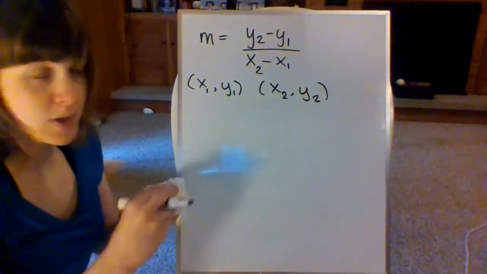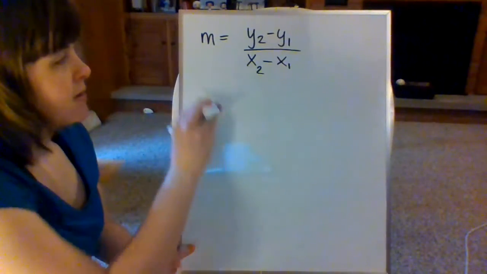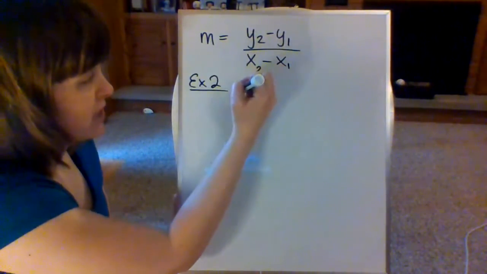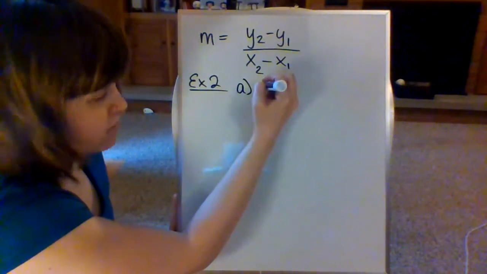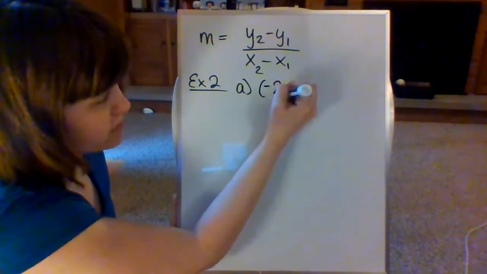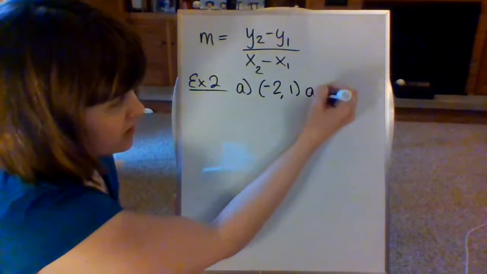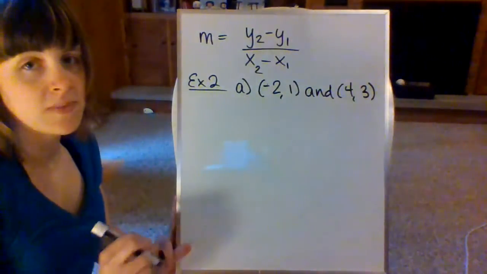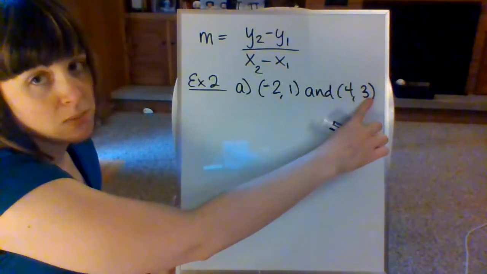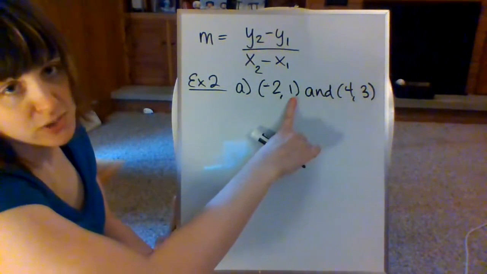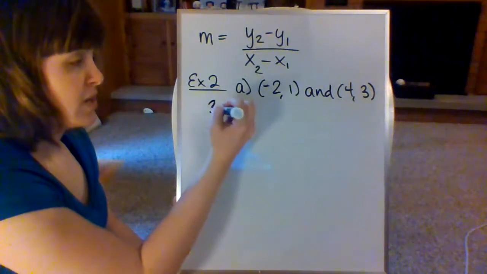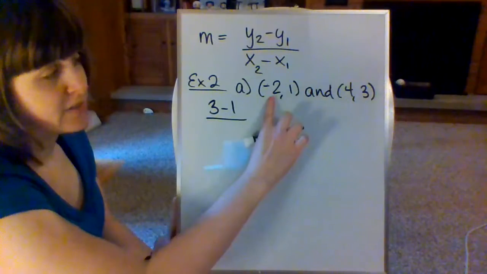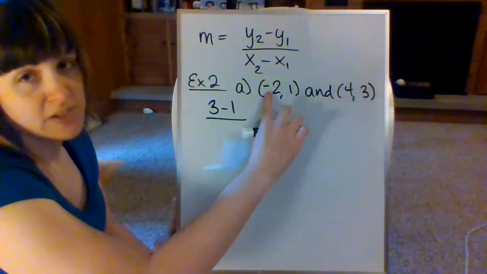Alright, so we're going to do it. Example 2, part A, says, find the slope between the points (-2, 1) and (4, 3). So we're going to do 3, second y, minus 1, the first y. So 3 minus 1, and then second x minus first x: 4 minus -2.